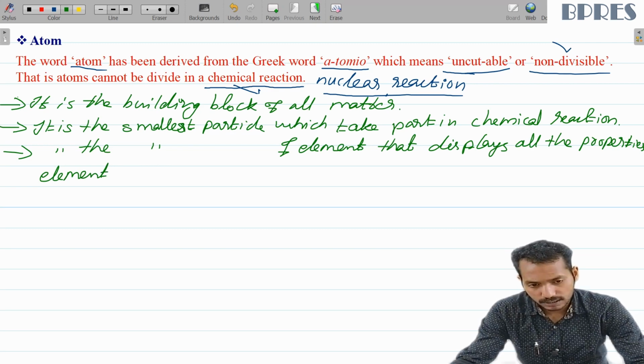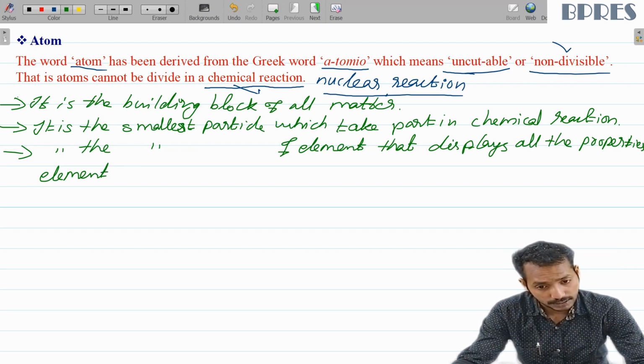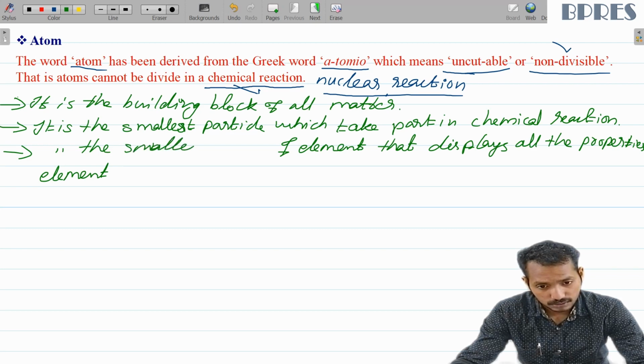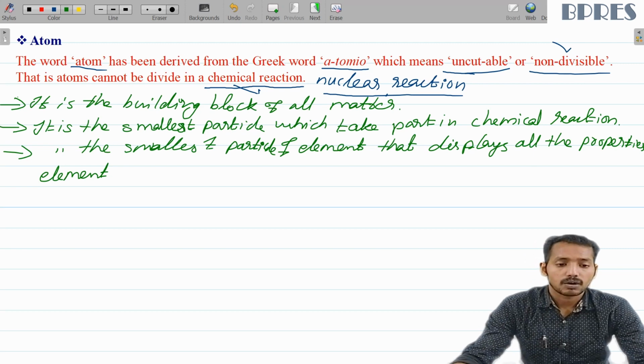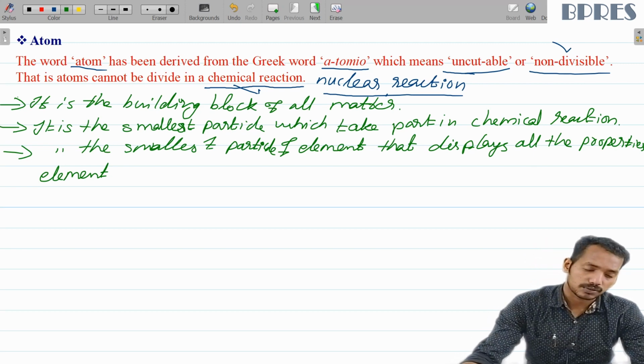Why is it mentioned like that? It is the smallest particle of element that displays all the properties of the element.